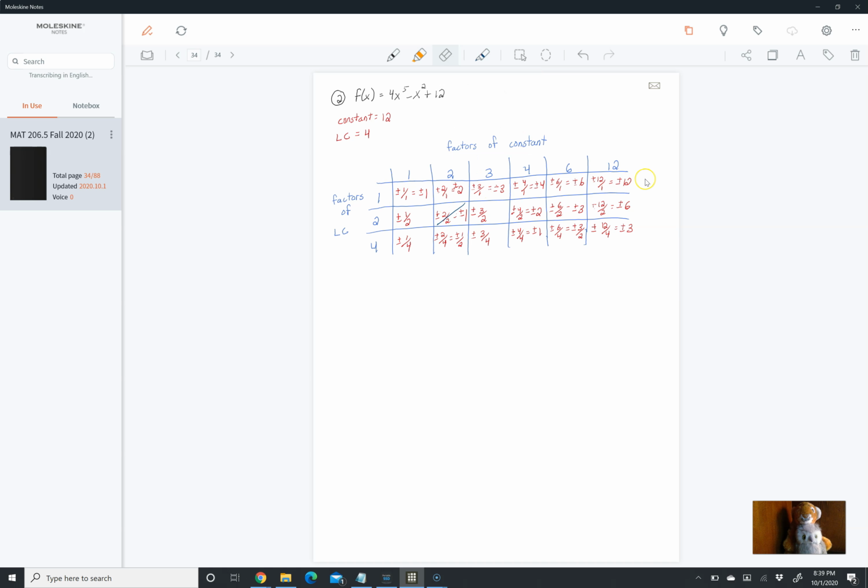Top row is never going to be repetitive. Bottom row, 1/2 we keep, 3/2 we keep. 2 we already saw in the top row, so we're going to cross that out. Plus or minus 3, we already saw that in the top row, we crossed it out. Plus or minus 6, it's in the top row, we crossed it out. 1/4 we don't have yet, we keep it.